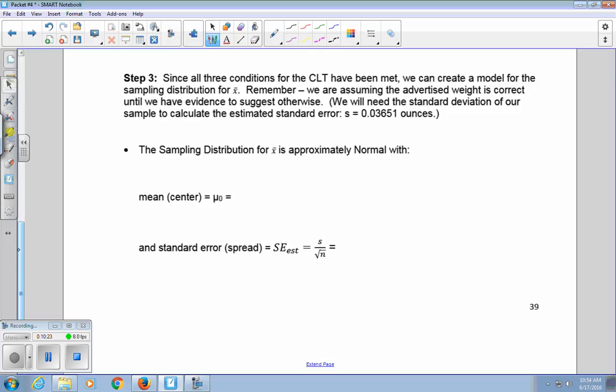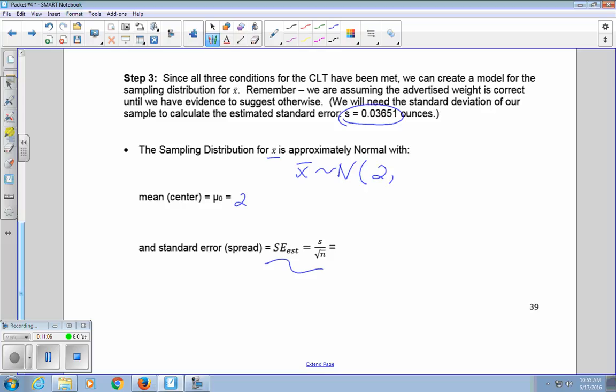We will need the standard deviation of our sample to calculate the estimated standard error. So our standard deviation of our sample is given to us right here. So using the central limit theorem, we would say that the sampling distribution for X bar is approximately normal, with mean centered at our mu naught, which is 2, and it's going to have an estimated standard error that we have to calculate. We're going to use the formula here.